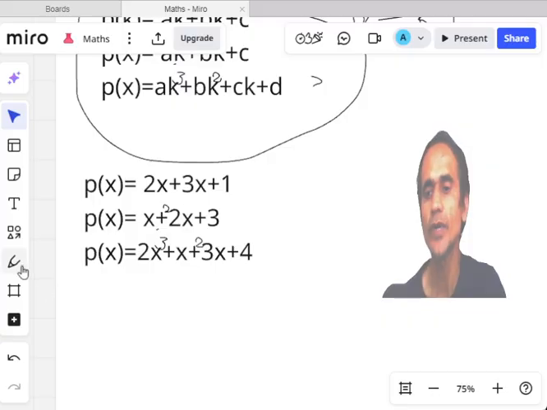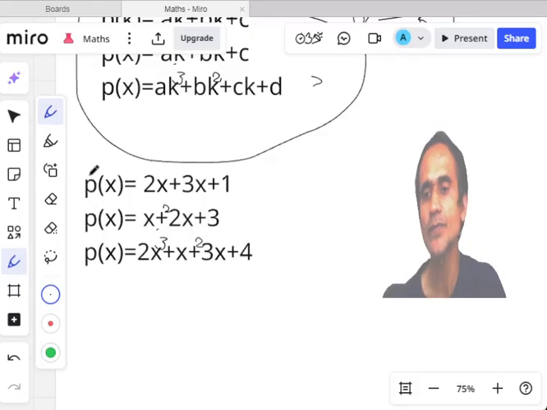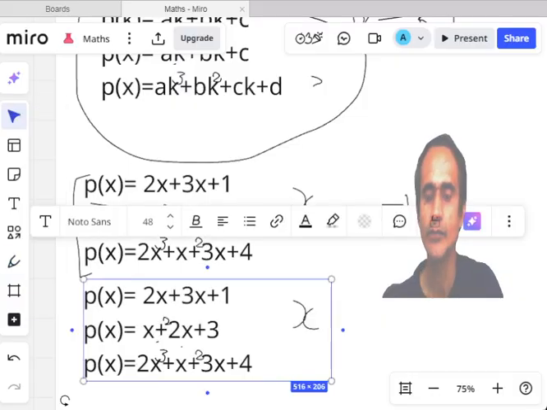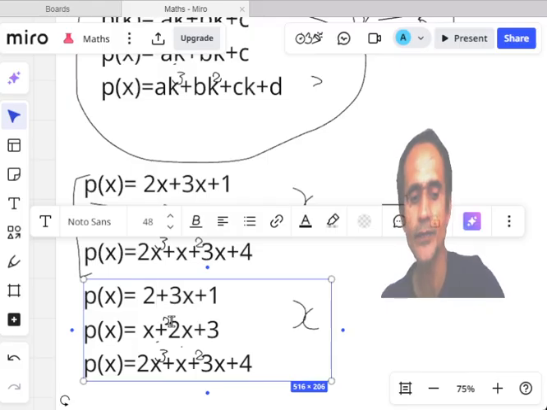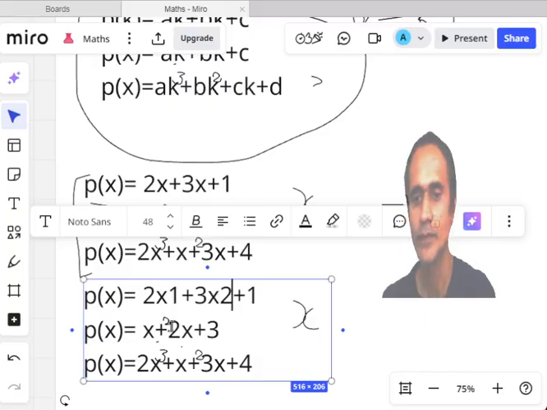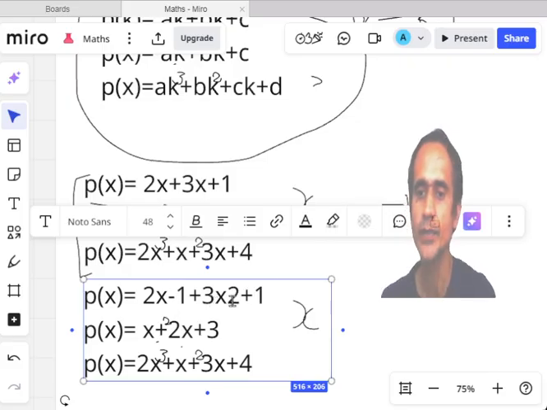And if we want to find out the value of these polynomials at x equal to minus 1, then what will be the value? So we will replace x by minus 1.